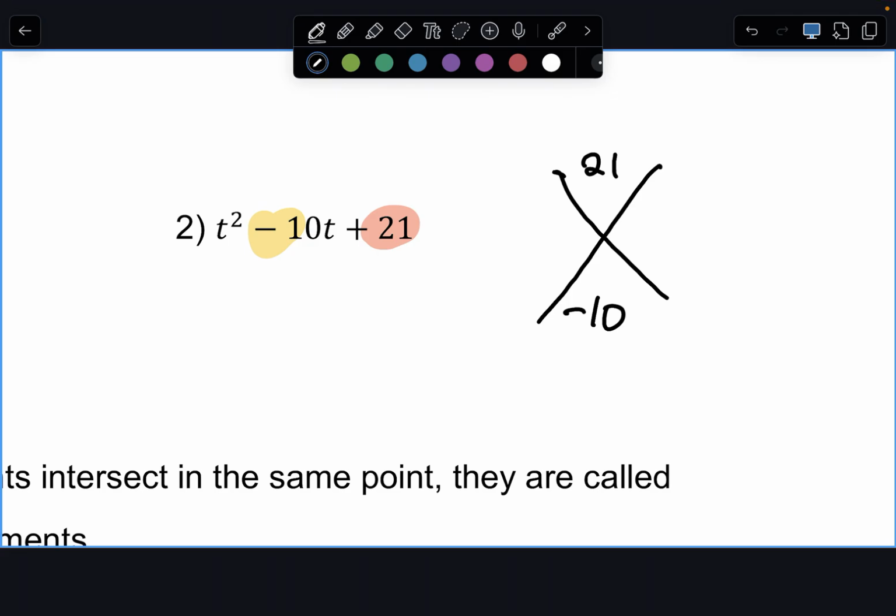Both. Perfect. Negative 7, negative 3. If you have a negative down here and a positive up here, they both need to be negative. And then again, we just do t minus 3, t minus 7 as our factors. Questions on that one?